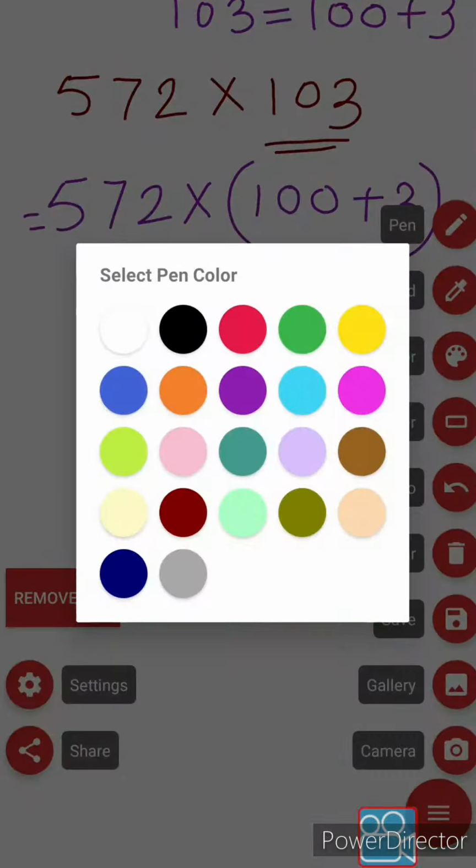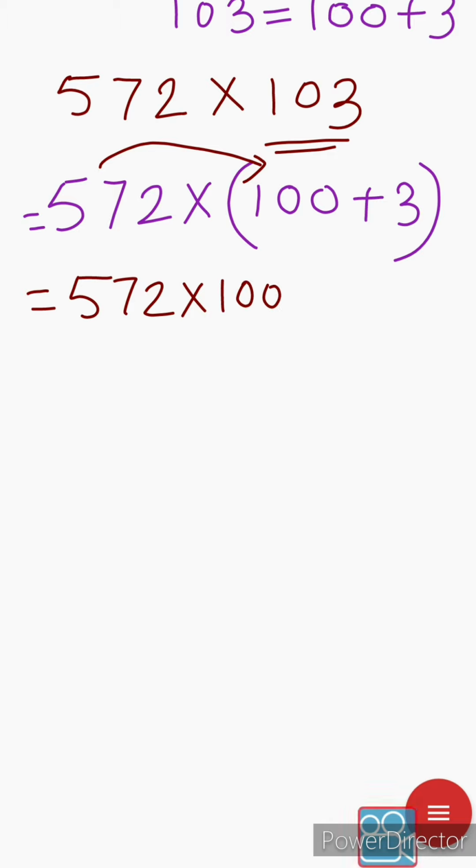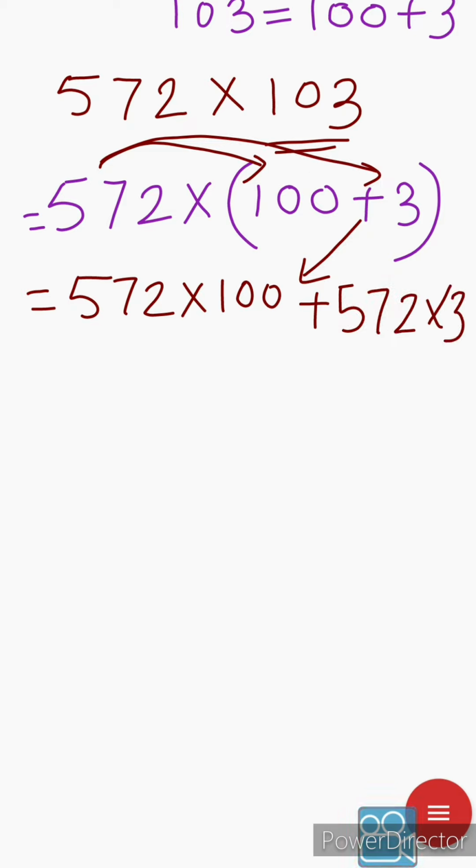What we will do? First of all, we will do the multiplication. So 572 into 100. Then under this plus sign, we will put the plus sign. Then again 572 multiplied by 3. Now 572 multiplied by 100, it is very easy.